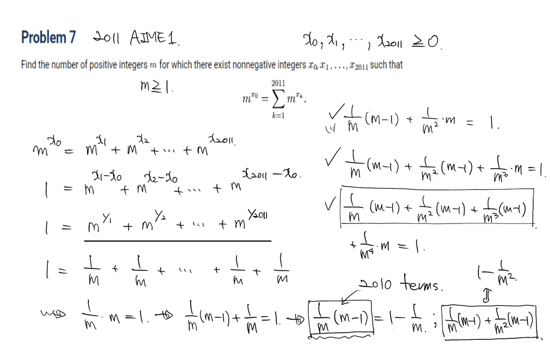M minus 1 will occur all the times. It doesn't matter whether we have 1 of m minus 1 or 2 of m minus 1 or 3 of m minus 1. All of those expressions supposedly should be 2010. The number of terms that appear on the left side is supposed to be 2010, not 2011.